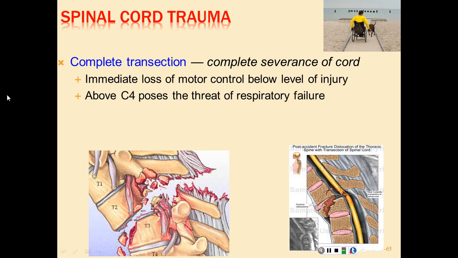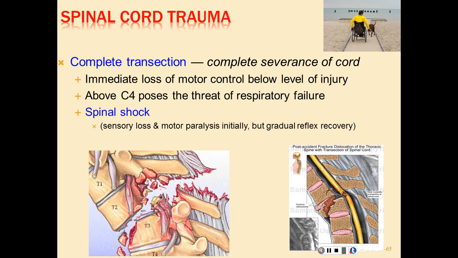Now, you have immediate loss of motor control below the level of injury. Now, above C4, it poses a threat of respiratory failure. You also have spinal shock. Spinal shock is when a spinal cord injury is caused due to trauma, and the body goes into a state known as spinal shock.